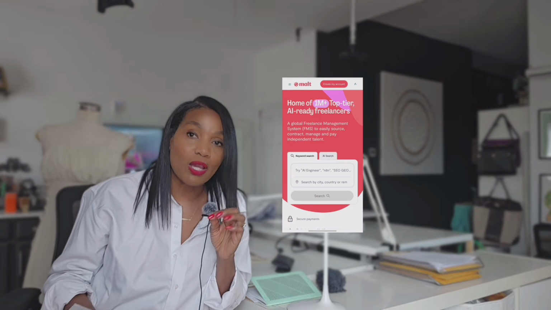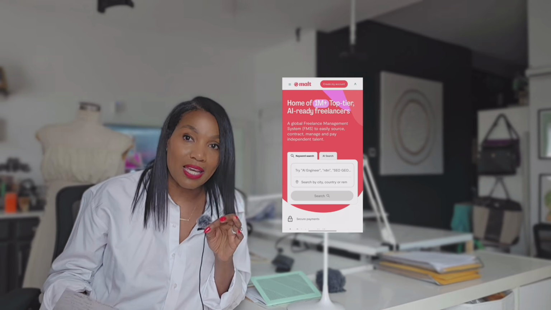So here are a few resources that may be really helpful to you. I wrote them down because I forget. My memory is getting old. Okay, Malt.com, M-A-L-T, a really good resource. Keep this in mind: you can put a bid out and let people bid on your project.